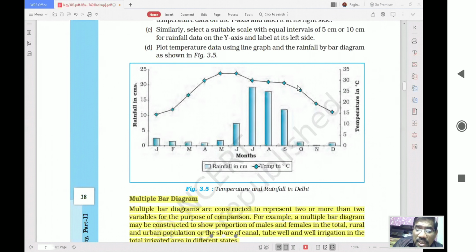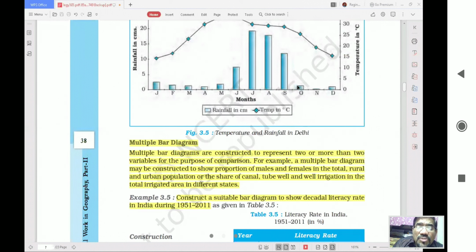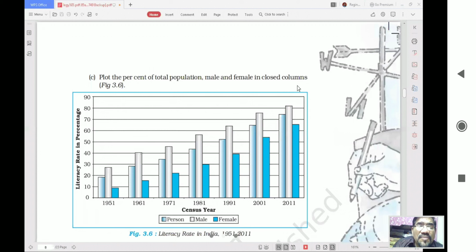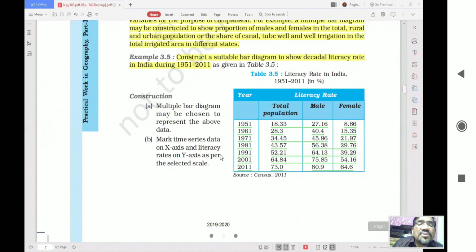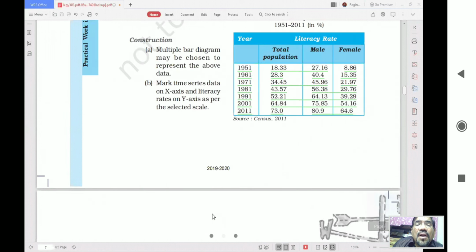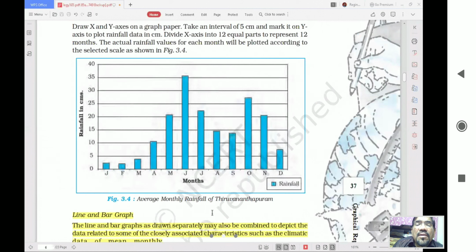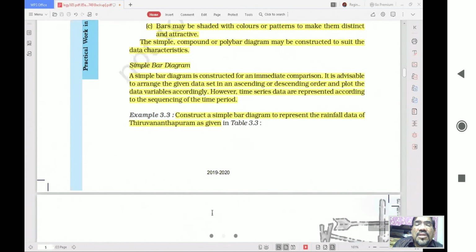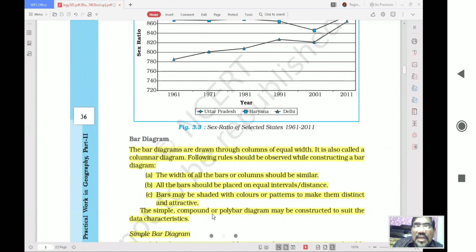Okay, so with this we come to the next figure. We have already discussed the name of this one. This was your multiple bar diagram. When is it multiple? When there is more than one bar. When is it compound? When one bar is kept over the other bar, then it is compound. Let me show you where it is compound.